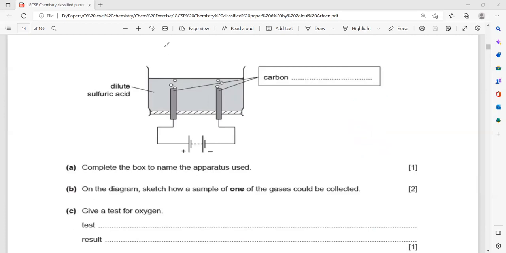But during electrolysis, when a gas is given off, what we usually do is take a test tube which is filled with electrolyte, and we invert it on this electrode. The moment we invert it on both of these electrodes, what will happen?